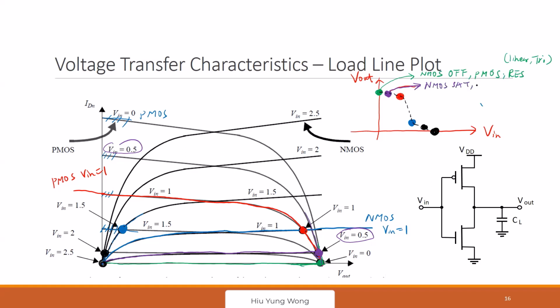How about for PMOS? We just look at the curve. This is 0.5. This is the curve. So which region is that for PMOS? Resistive. Yeah, still linear or resistive.